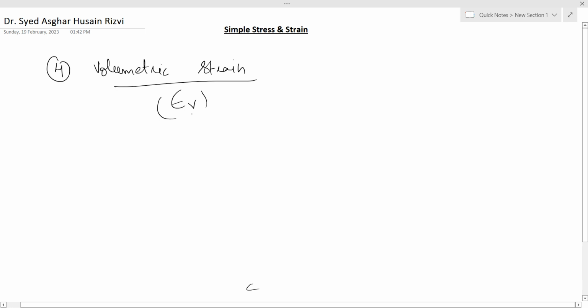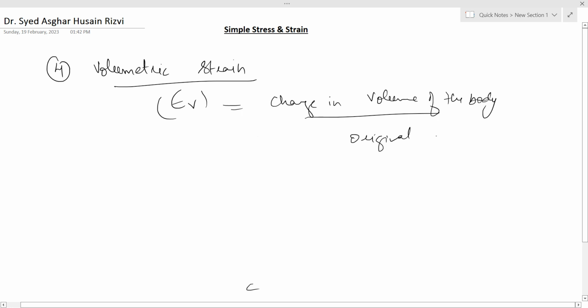As the name expresses, it is the ratio of change in volume to the original volume of the body. That is, epsilon v equals del v upon v.